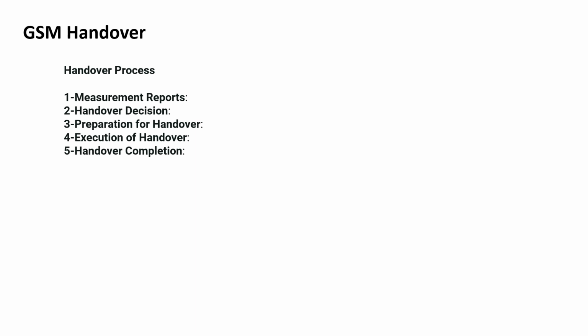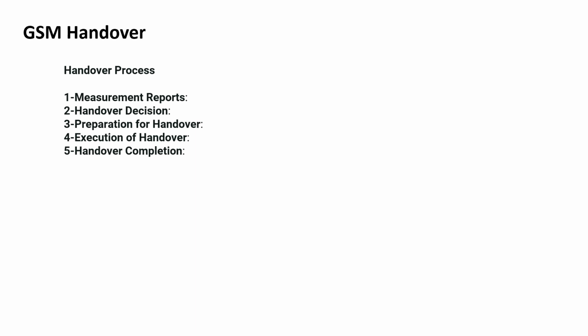2. Handover decision. Based on the signal quality and the predefined criteria, the network decides whether a handover is necessary. 3. Preparation for handover. The network prepares the necessary resources in the target cell and establishes a connection. 4.